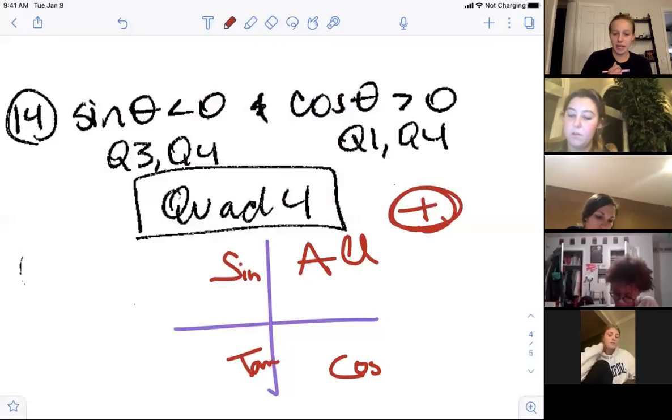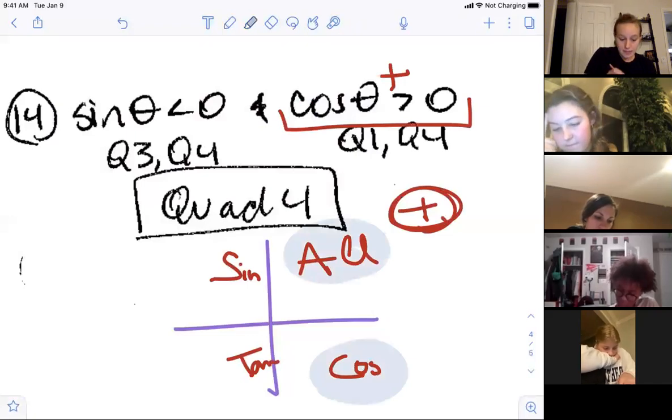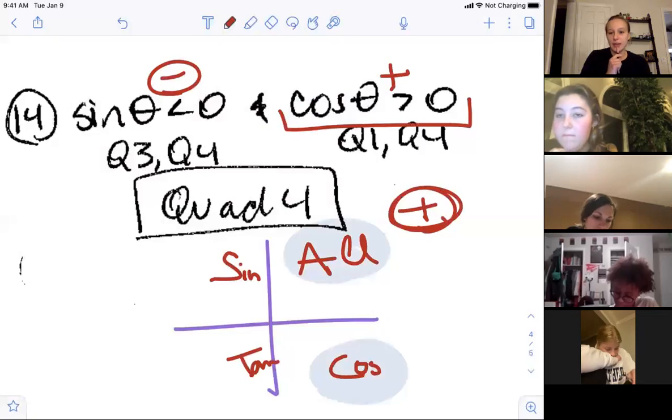So for me personally, I would think, okay, cosine is greater than 0. That means it's positive. So cosine is positive where they're all positive and where cosine is positive. Sine is less than 0 means that it's negative. I have a hard time with the negative one, so I'm like, okay, well, where is it positive? The other quadrants where it's not positive is where it's negative.